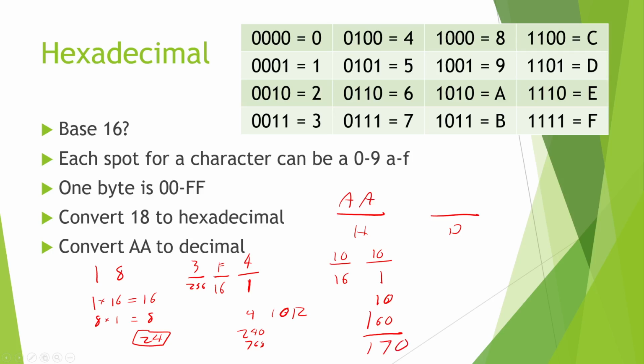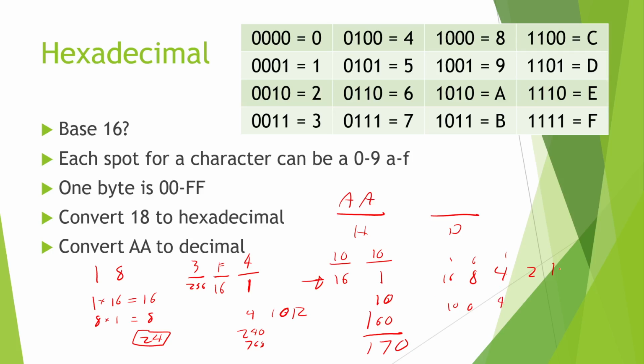All right, so it's not too bad. It's like a 3-step process to me. You write it out, then you do this where you say, okay, each spot is equal to this value. All right, this is almost like converting from binary to decimal, where it was 1, 2, 4, 8, 16, and you just go, oh, 1 times 16 is 16, 0 times 8 is 0, 1 times 4 is 4, and then you just add them all up.